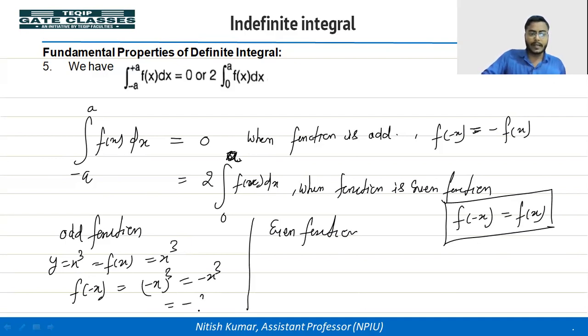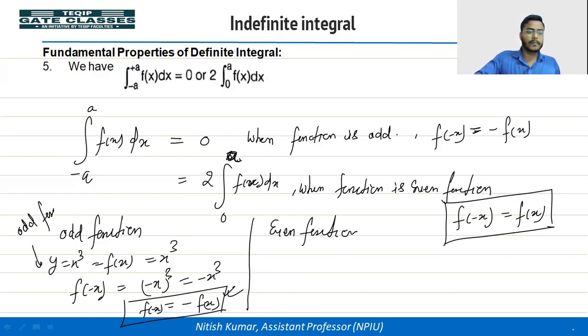So we can write minus f(x). When you put minus x, you get minus of f(x), so this function will be an odd function.